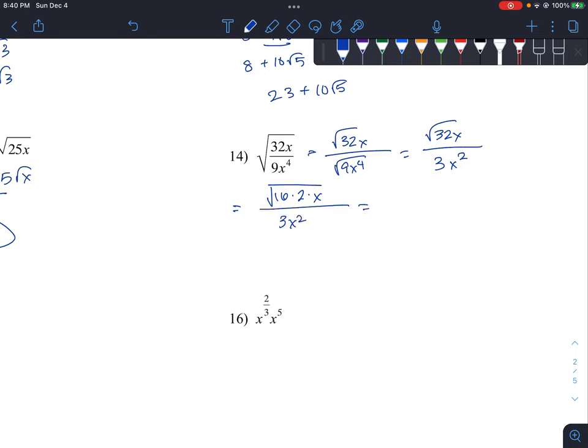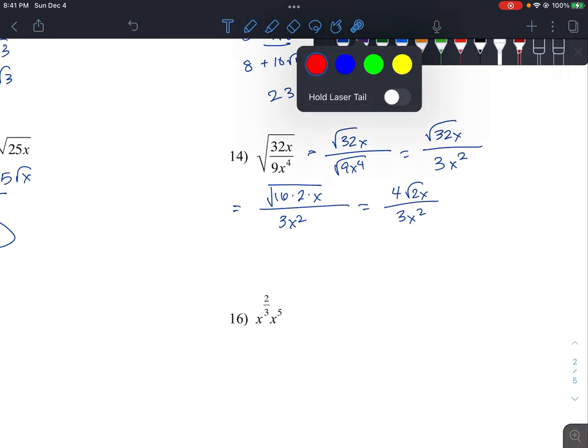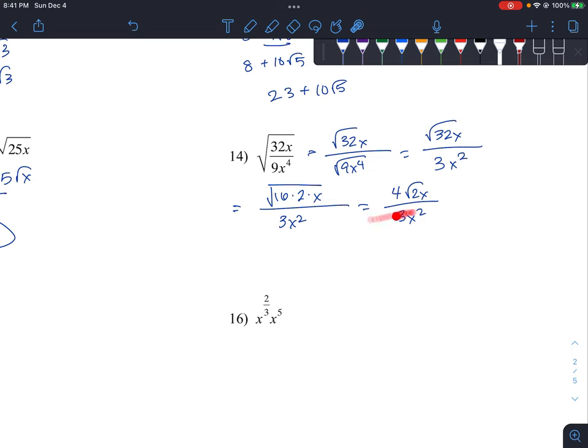That's going to be equal to 4 square root of 2x divided by 3x squared. And I think that's all you can do right there. Can't really do anything else on the numerator, since you can't take the square root of 2, and you can't take the square root of x. You can't factor it. You can't take anything out. So I think that's good right there.